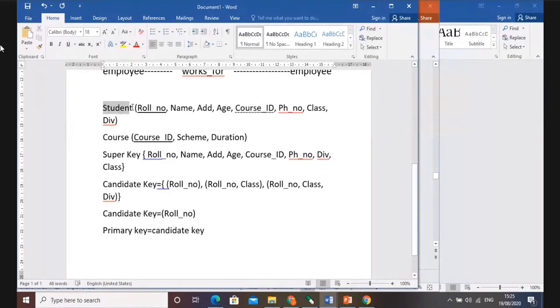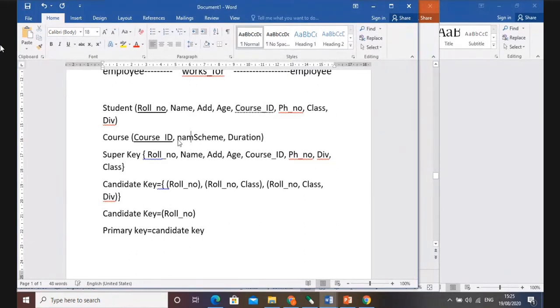Student is my relation or table which has the primary key roll number, and this Course ID is the foreign key, which is the primary key of my table course. So the primary key of one table is referred to in another table, where it is known as a foreign key. This is how I will come to know which course the students are enrolled for.